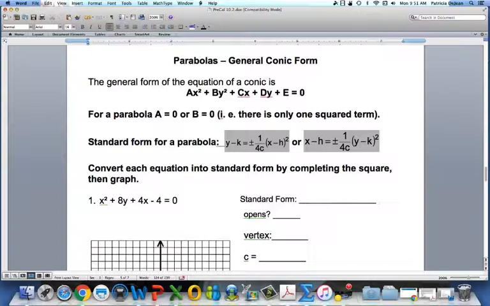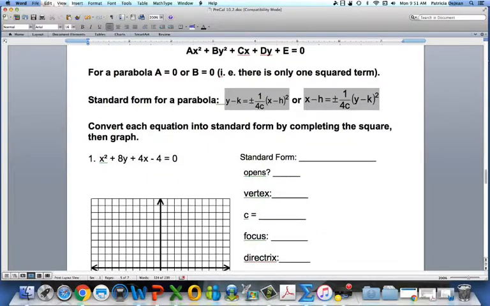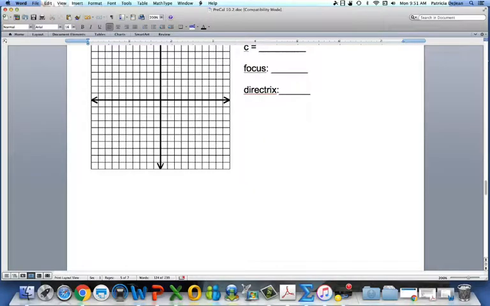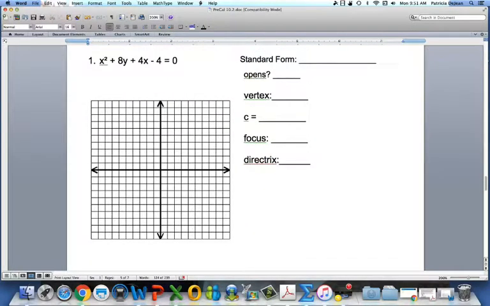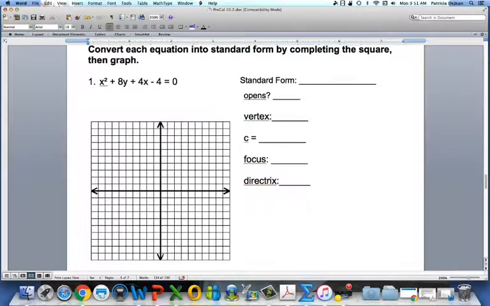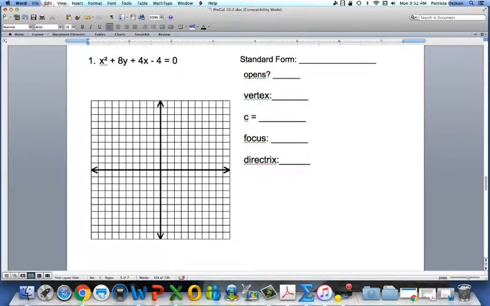Now we're going to convert these to standard form by completing the square. And then we're going to graph it. And so you know how to complete the square, but let's just talk about doing that. And hopefully we have plenty of room. We do. When you complete the square, what you want to do first, and I'm going to start under the word directrix so you'll know where I'm about to start writing, I'm going to leave the x's together, what I want to complete the square on.